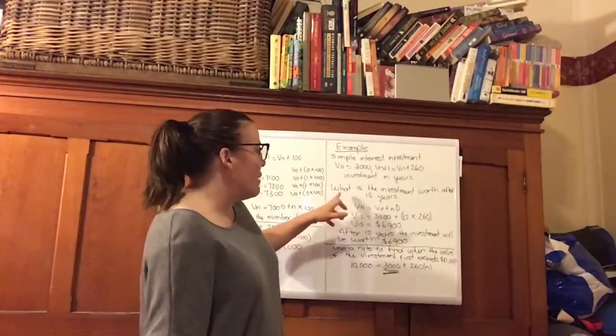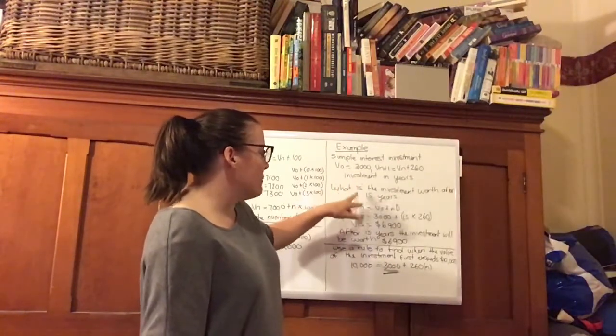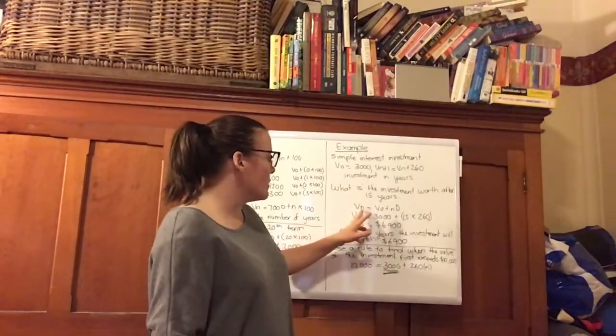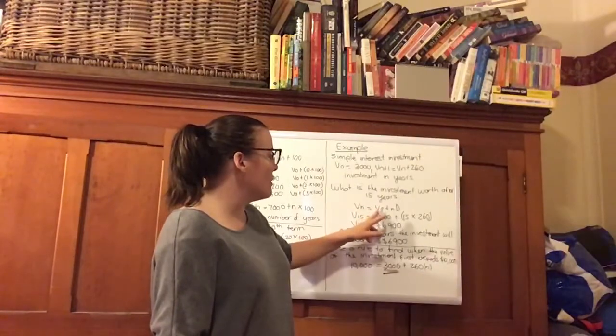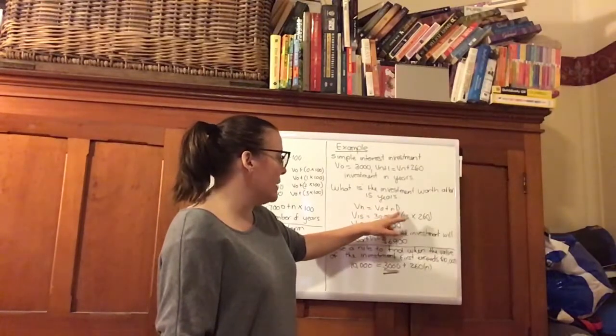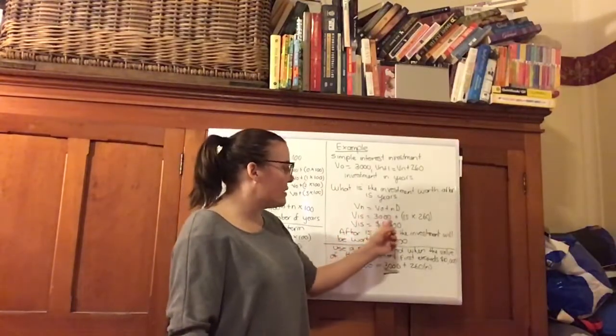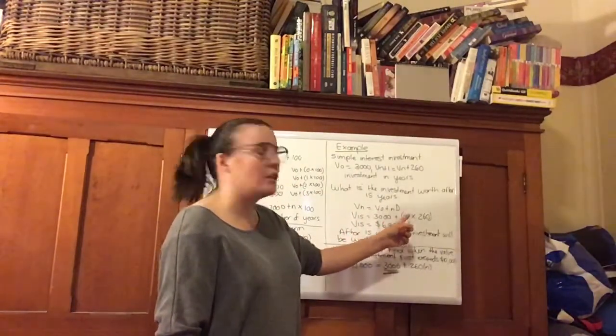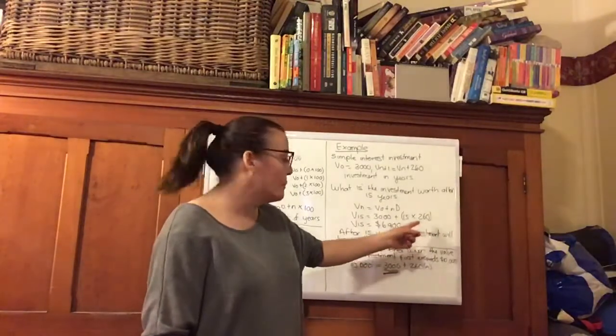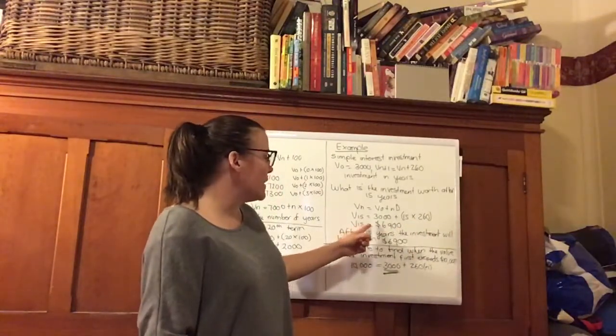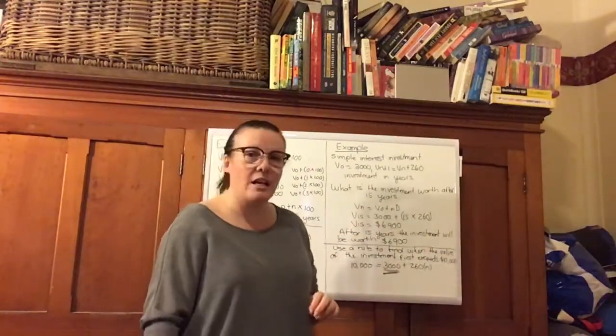And we want to find out what the investment is worth after 15 years. So we've got Vn is equal to V0 plus n times d. So V15 is equal to 3,000 plus 15 times 260. That gives us V15 equal to 6,900.